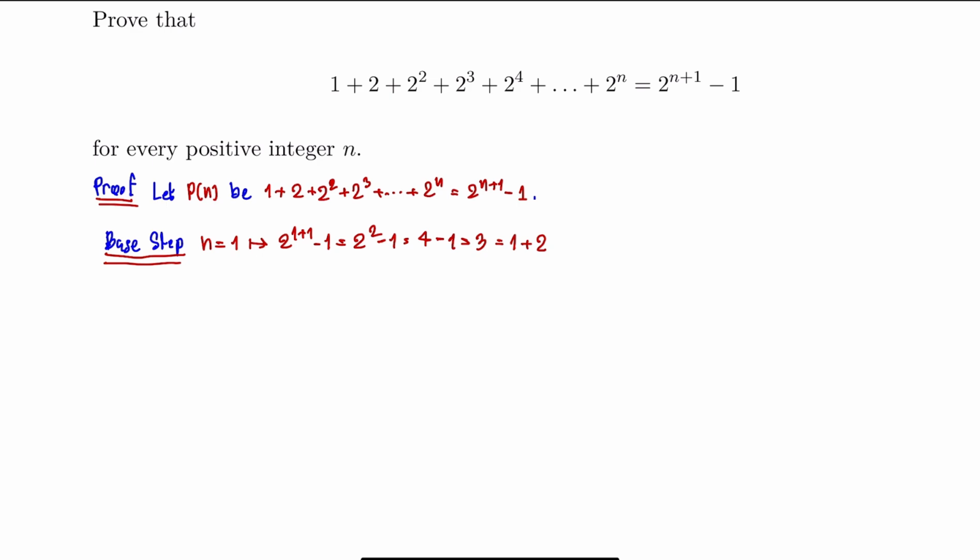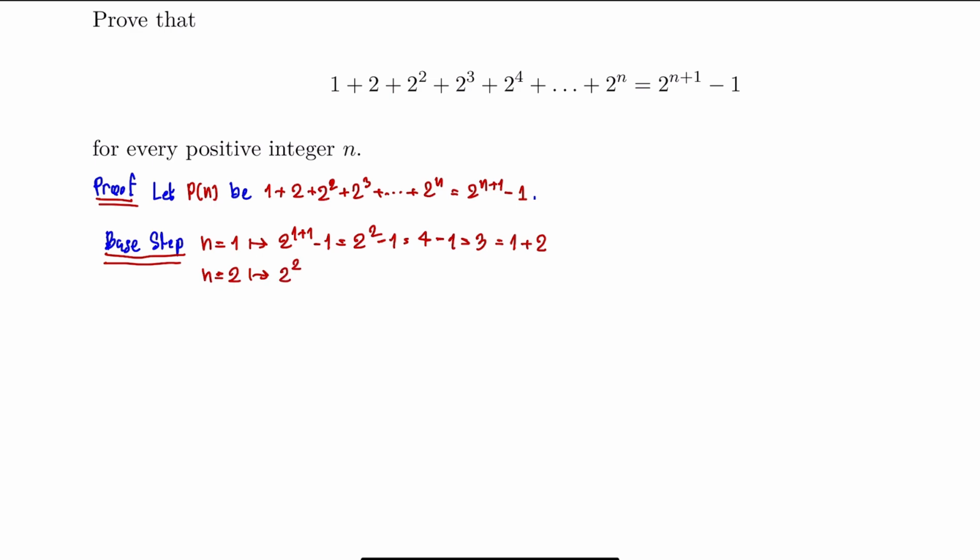Interesting. So I see the pattern right now, because when n is 1, the value of 2 to the 1 plus 1 minus 1 is equal to the sum of the first two terms. When n is, let's say, 2, so what do we have?